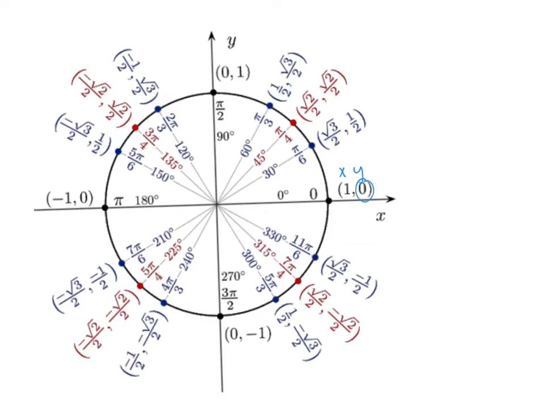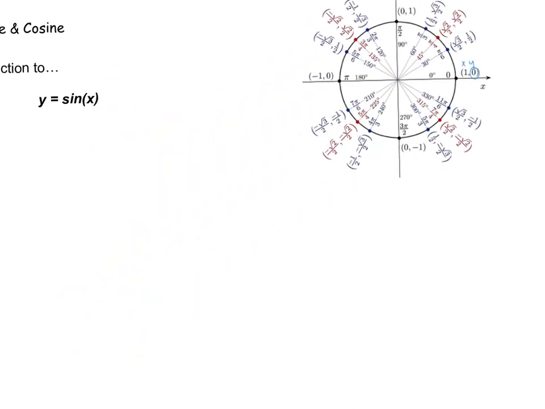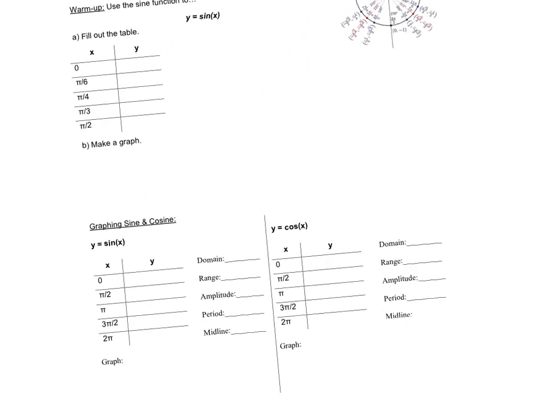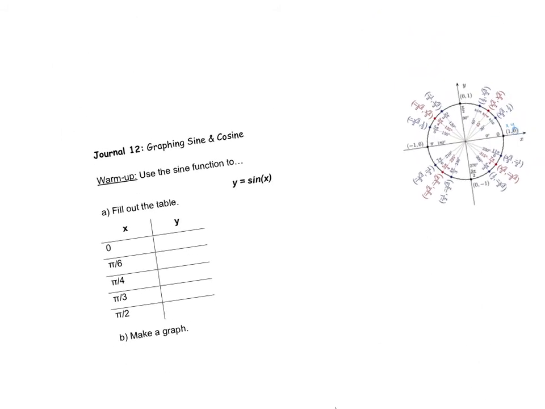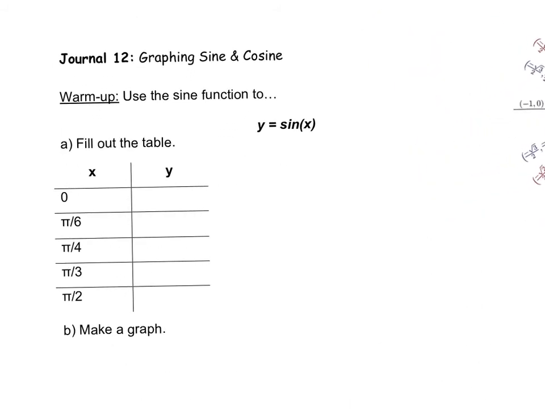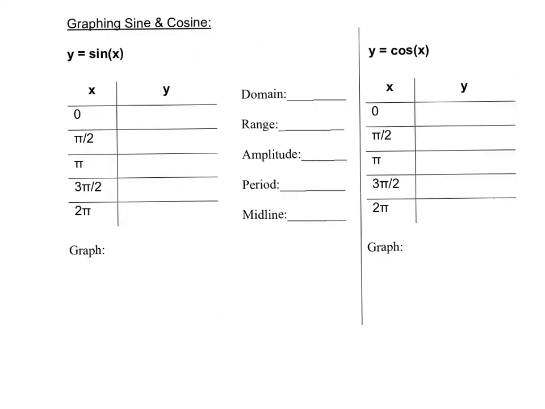So instead of sine 0, I can just replace that by what it equals, which is 0. And I can do that for the next one. When I go to sine of pi over 2, that y value for sine pi over 2 is 1. So at this point, I want us to get really good at knowing what each trig value is going to be without looking at the unit circle here.